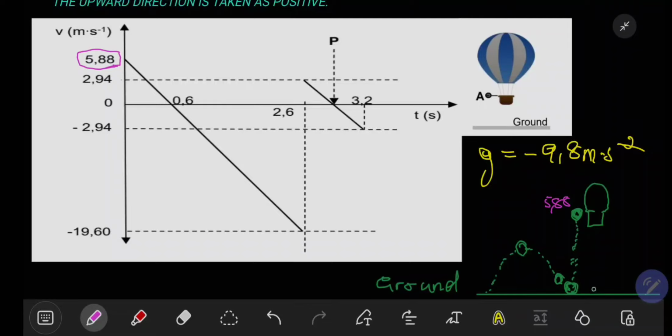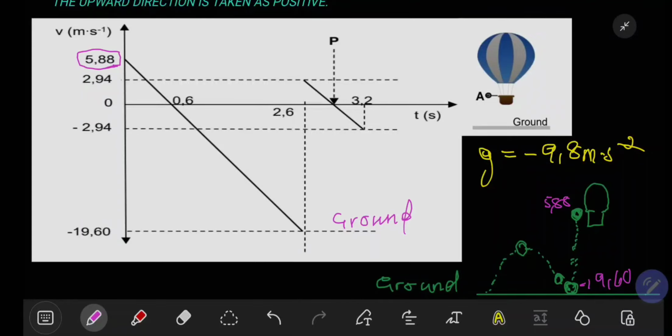When the ball reaches the ground, it reaches the ground at a speed of negative 19.60, and it takes 2.6 seconds for the ball to move from the hot air balloon to the ground.